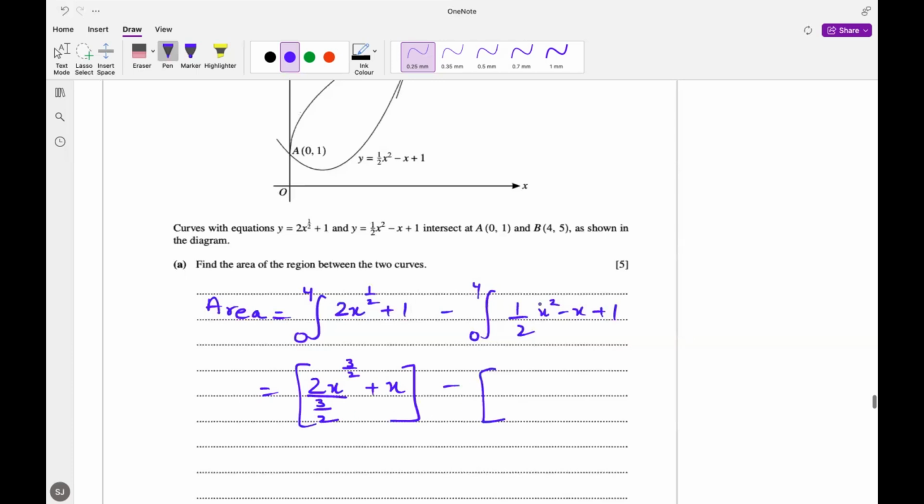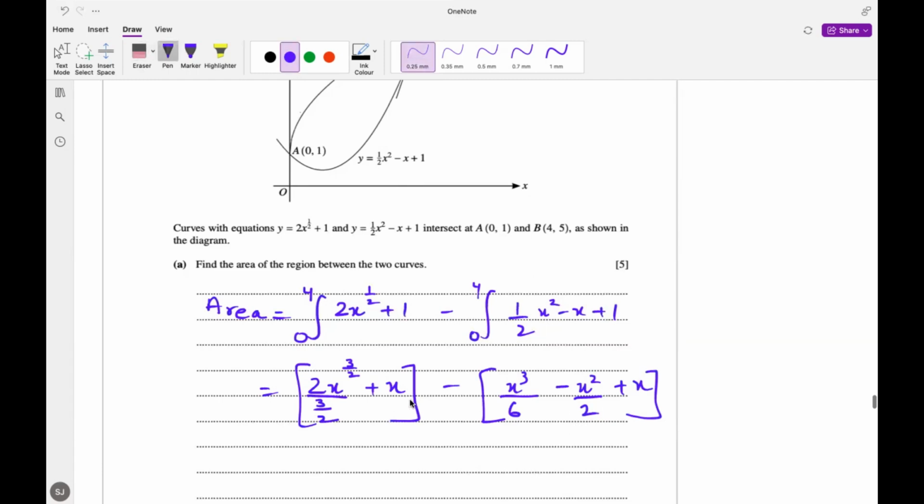And in the second case, integrating x squared will become x cubed divided by the new power, 3, so 3 times 2, 6, minus integrating x, that will become x squared upon 2, and integrating 1 will become x.